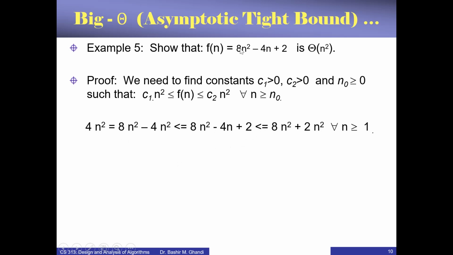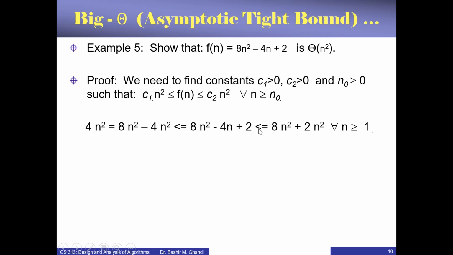We don't just say the C1 is going to be 8 because of this negative term. All right, so how about the other side? The other side is easy. Just ignore this term we are subtracting, and upgrade the term that is constant. Definitely you will have a term that is bigger.